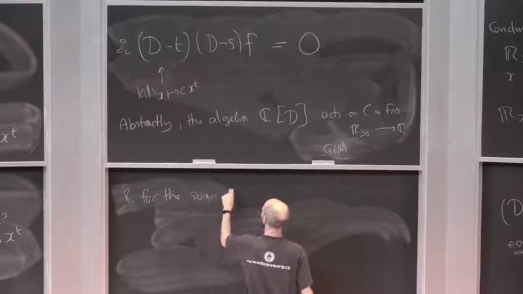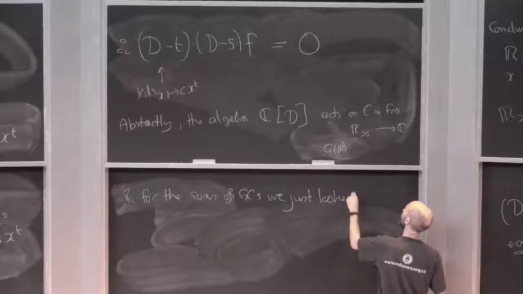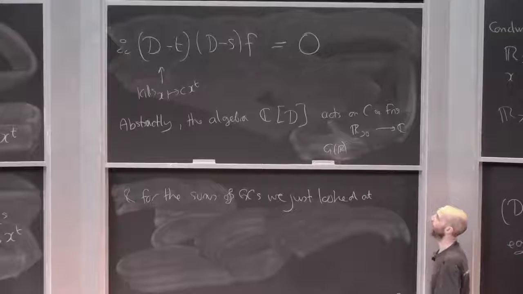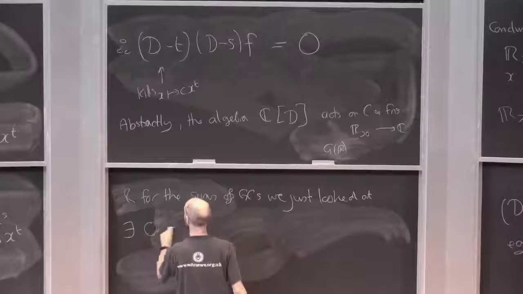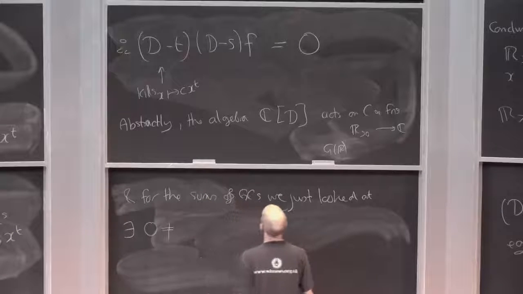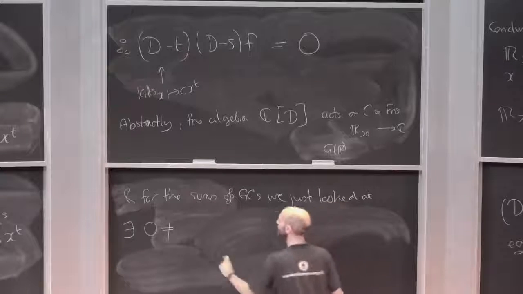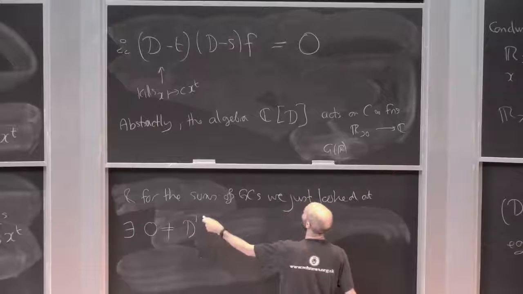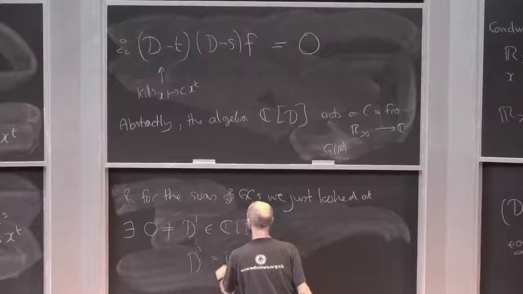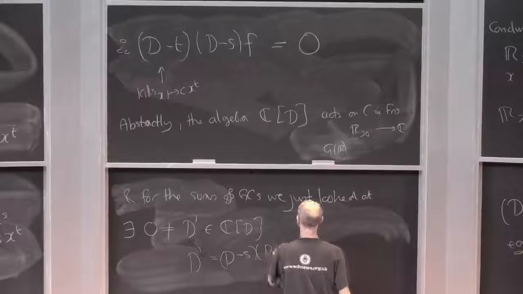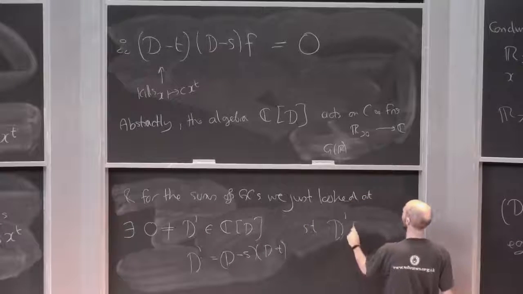And for the sums of Grierson characters we just looked at, we found there was some non-zero differential operator. There exists a D primed in C of D, not equal to zero, explicitly D minus S, D minus T, such that D primed killed my function.